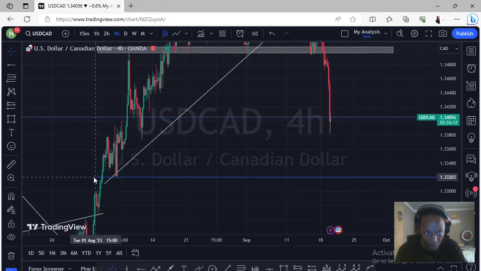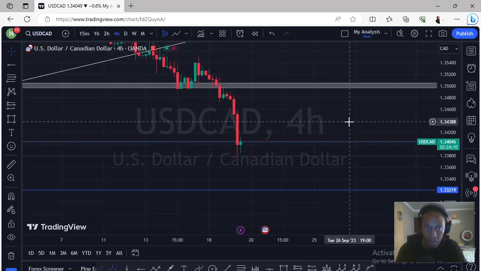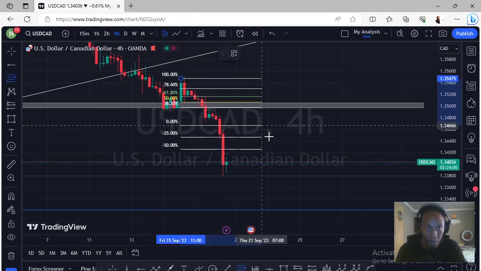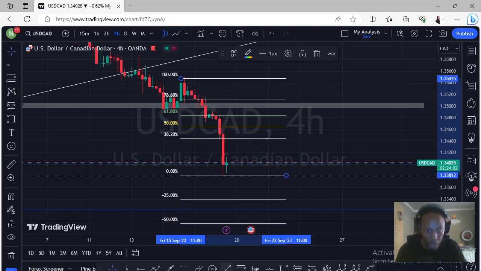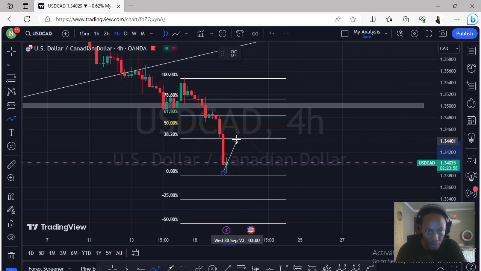So you definitely want to sell this to this area, but wait for a pullback, or a bearish engulfing candlestick, or wait for this to retrace back to this level over here.